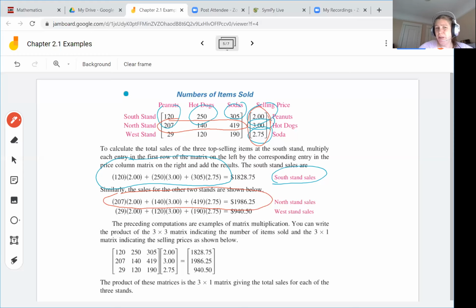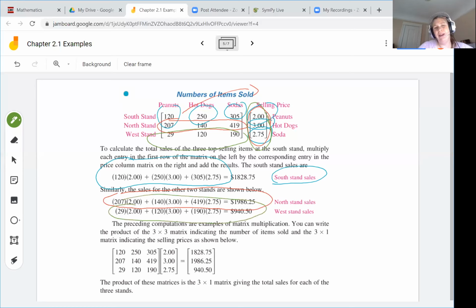So it's kind of like we took the north stand row from the first matrix and picked it up and tilted it and multiplied it by each value in the column vector for selling price. So this is the essence of matrix multiplication. And you can see that same principle at work here with the west stand counts multiplied by the column vector again. So each row separately gets multiplied by the column vector here, and that's our last result here.